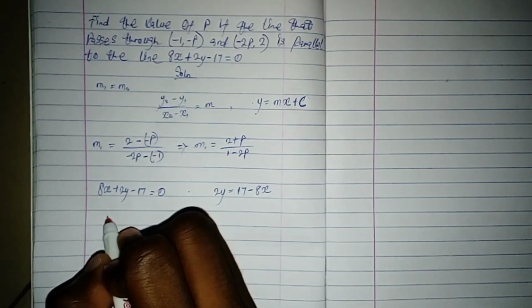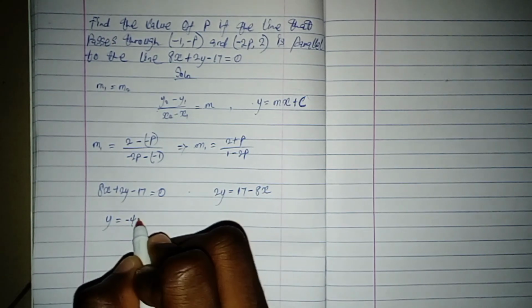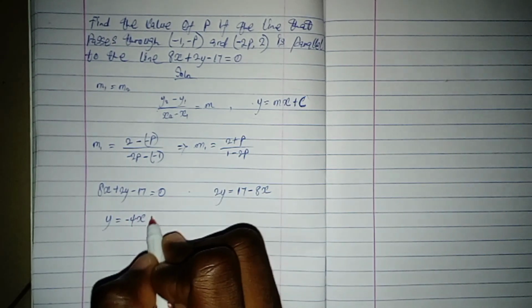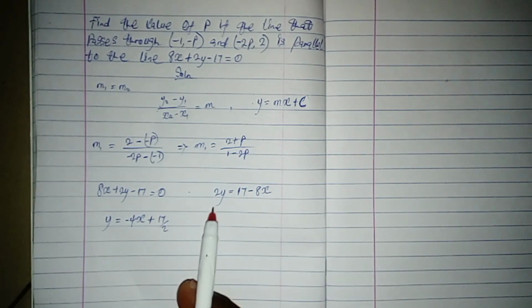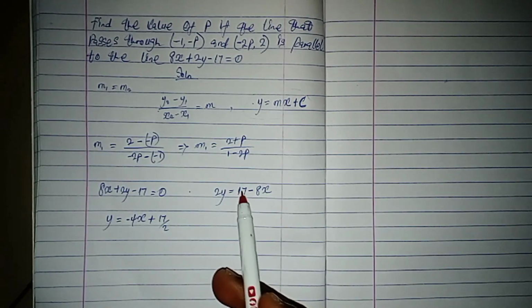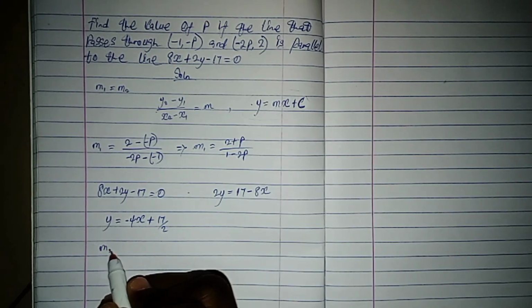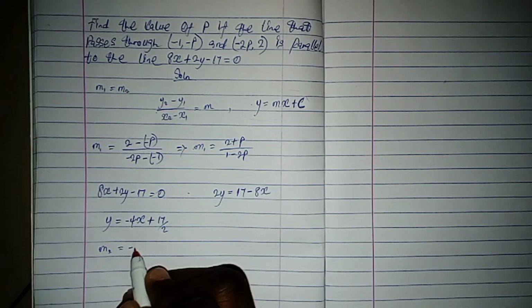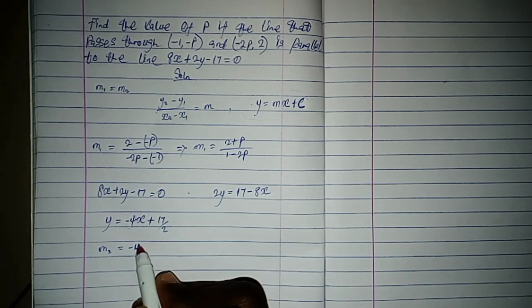So we say y equals minus 4x plus 17 over 2, by dividing through by 2. And you should arrange it like this. So I take this here and then this here. So the gradient of the second one, which is m2, equals minus 4. The coefficient of x is the gradient.